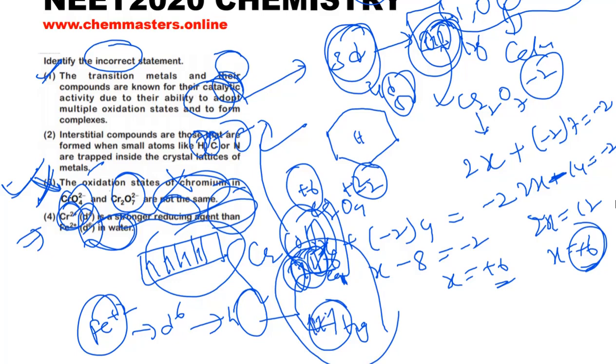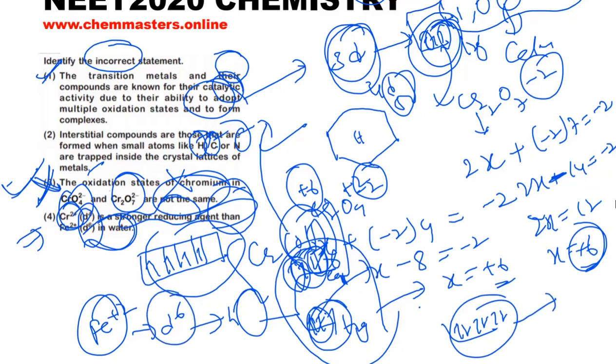So compared with chromium plus 2, the removal of an electron is difficult from this iron plus 2. Because with a strong field ligand, the total 6 electrons are filled in t2g only, and it is not going to reduce. So based on the ligand strength and environment, chromium plus 2 is going to act as a stronger reducing agent than iron plus 2. Okay, right. Next question.